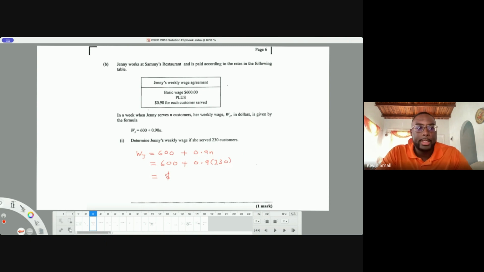Let's double check the chat. All right, 807 is correct. So $807 is correct for her weekly wage in this particular case.